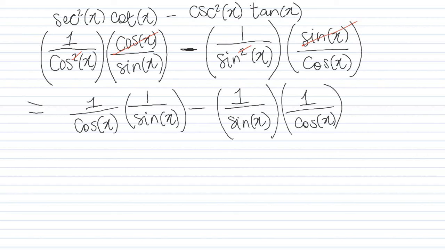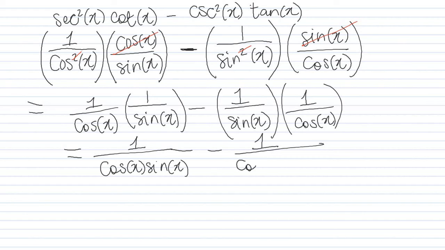So what you eventually have is 1 over cosine x sine x minus 1 over cosine x sine x. So you have a positive term here and a negative term here.